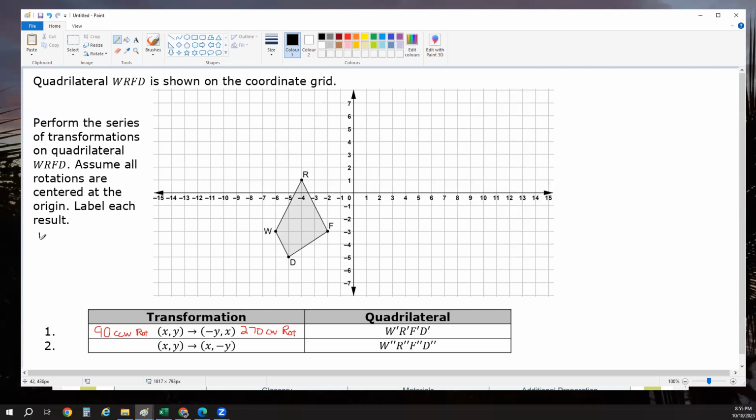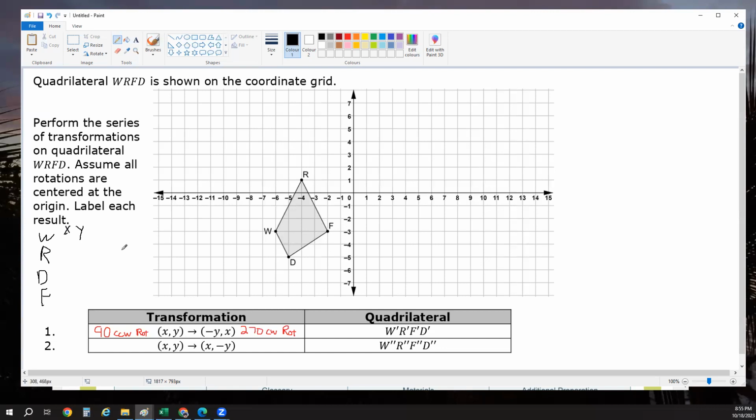So it's W, R, D, and F, and my X and Y values. I'm going to pull my X values first.